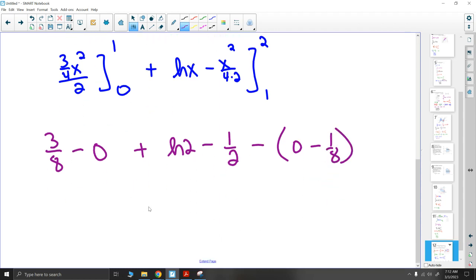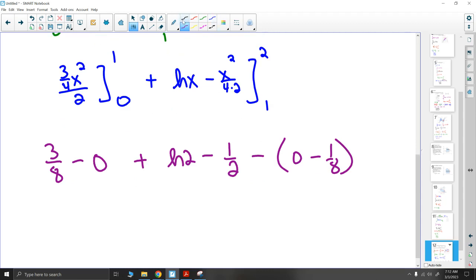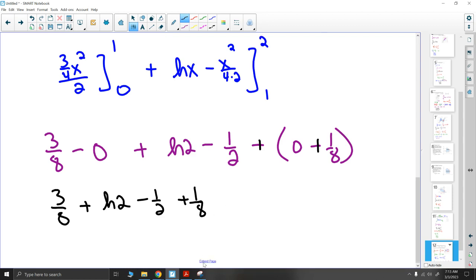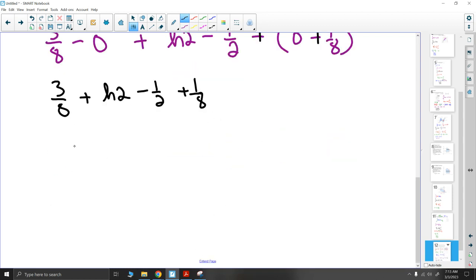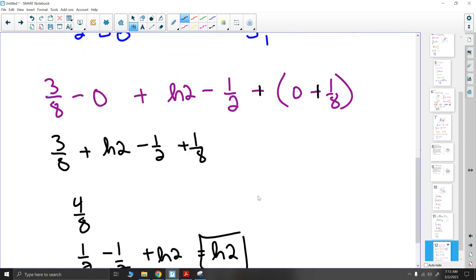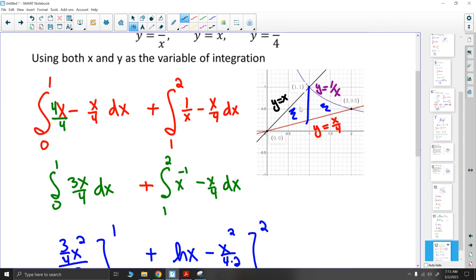Okay, so cleaning this up a little bit, 3/8 minus 1/2 plus, so that's an 8, natural log of 2 minus 1/2 plus 1/8. That's going to give us 1/8 plus 3/8 is 4/8, also known as 1/2, minus 1/2 plus natural log of 2. So we found this region here. The sum of this is the natural log of 2.